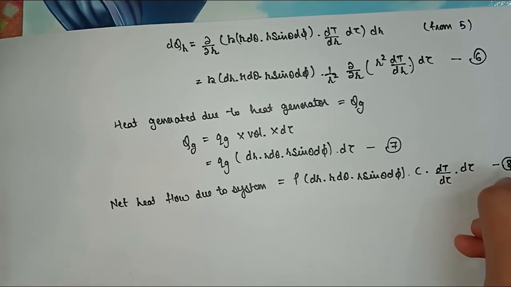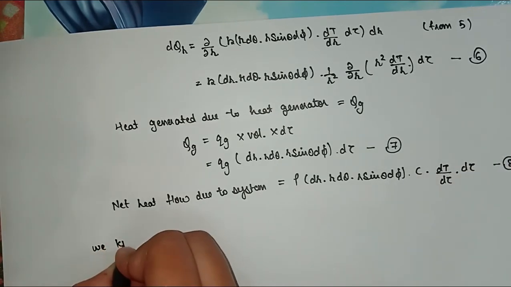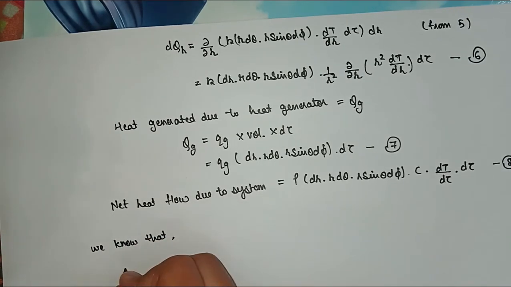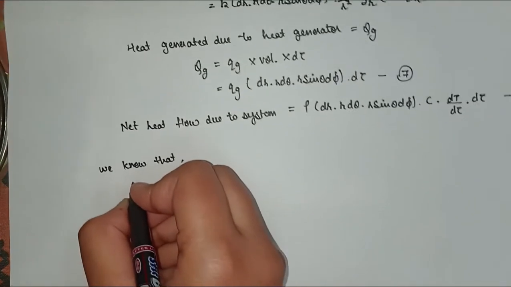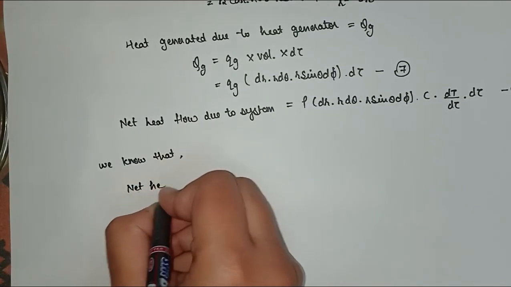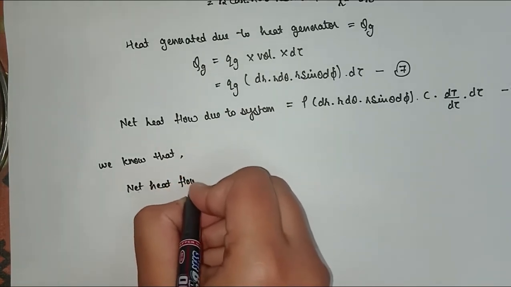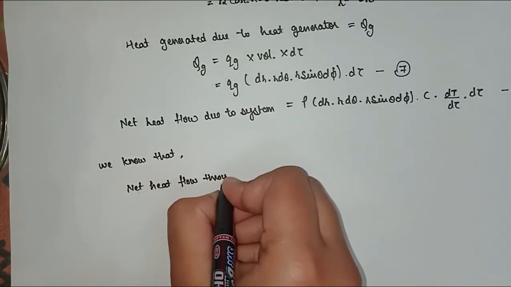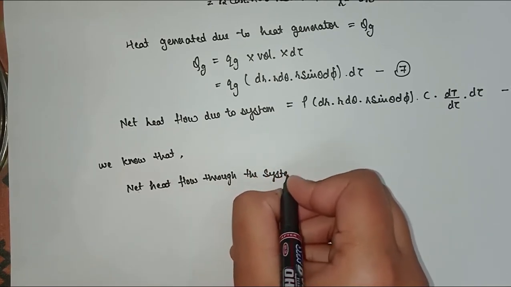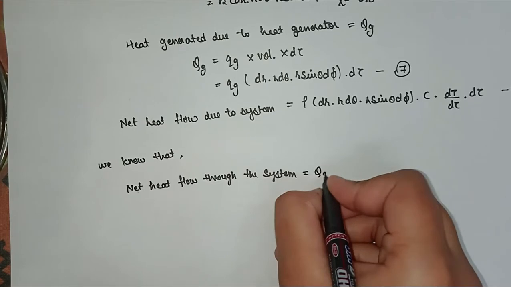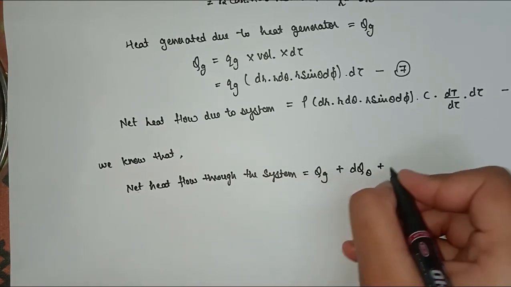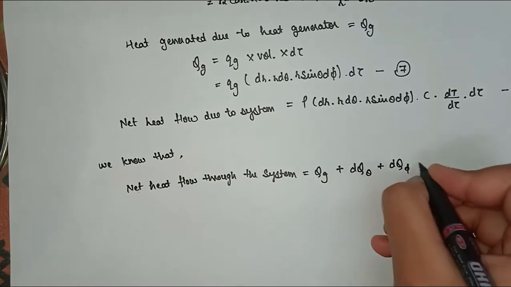Let's mark this as equation 8. And we know that the net heat flow through the system will be equal to the heat generated due to the heat generator plus heat flow through all the planes. So this will be equal to Qg plus dQθ plus dQφ plus dQr.